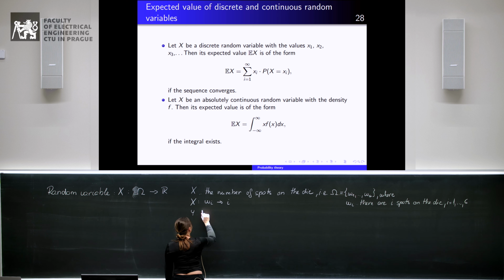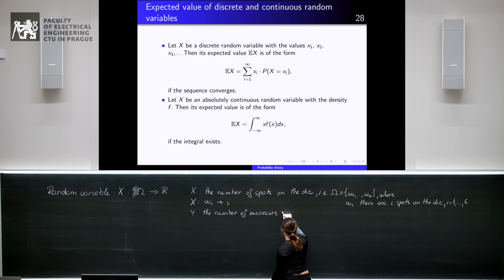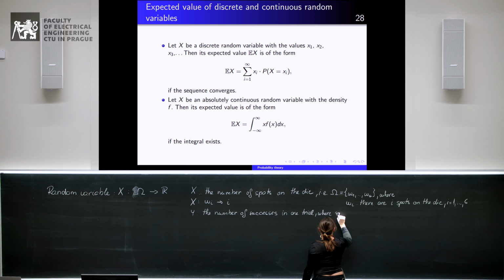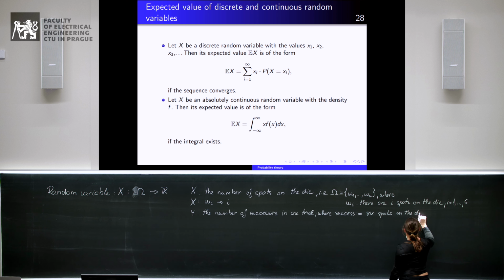Y could be the number of successes in one trial, where success is defined as 6 spots on the die, while failure is defined as less than 6 spots on the die.